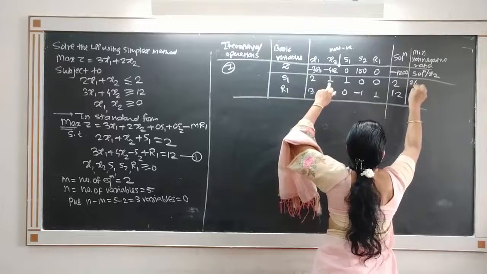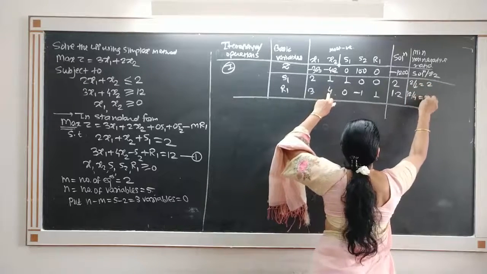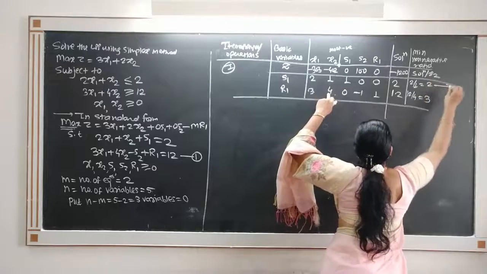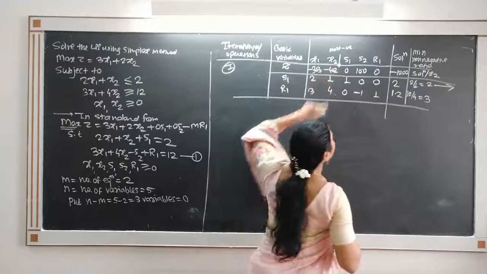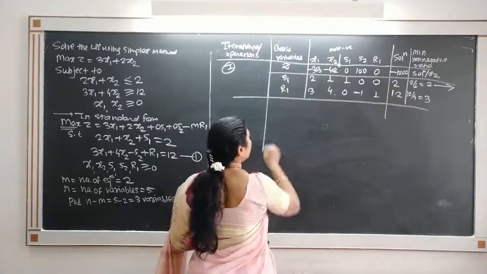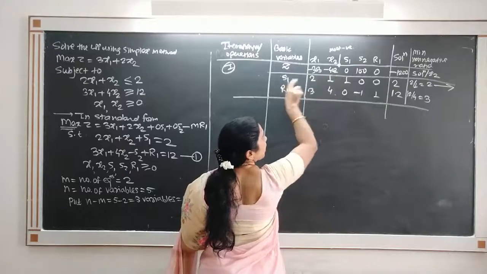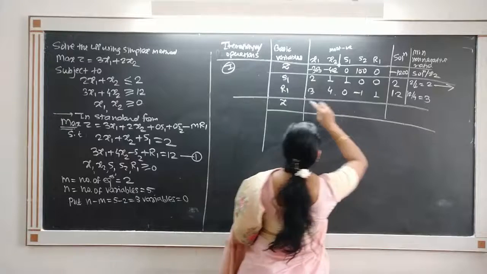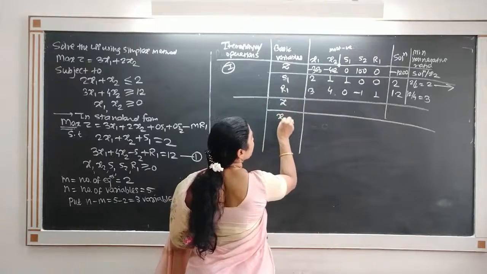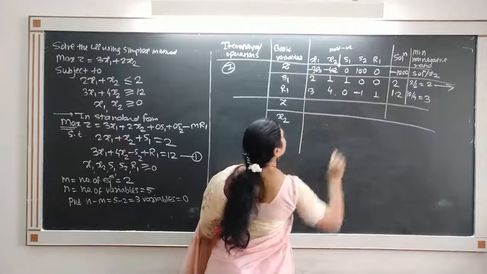So 2 upon 1, that is 2, and 12 upon 4, that is 3. Minimum is 2, which means that s1 leaves and x2 enters. So in the next table, x2 will enter and s1 will leave. So z remains as it is, but now the s1 variable will be replaced by x2, because x2 is entering, s1 is leaving.